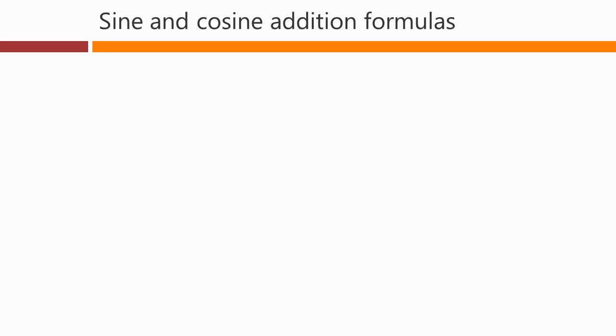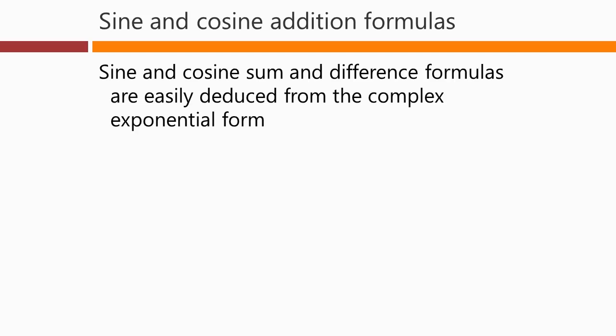And finally, just to mention the sine and cosine addition formulas, you may earlier in your career have learned a large number of these formulas. They can be proved with trigonometry, but sometimes it's a little tedious to do that. But it's very easy to prove these using complex notation. So all of these sum and difference formulas for angles and so on, we can deduce very simply.